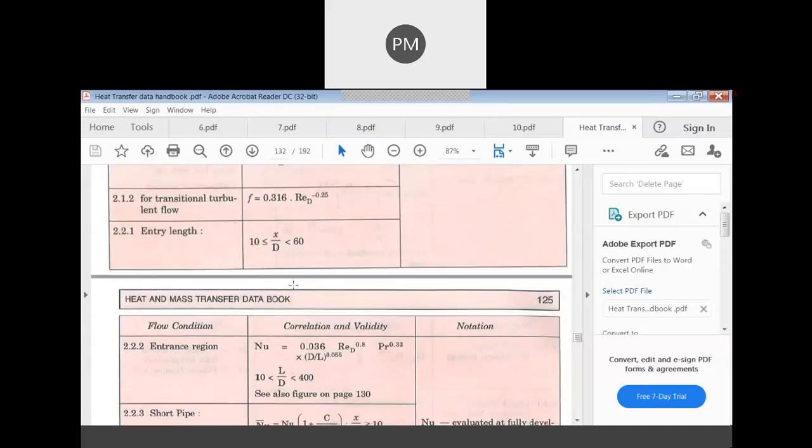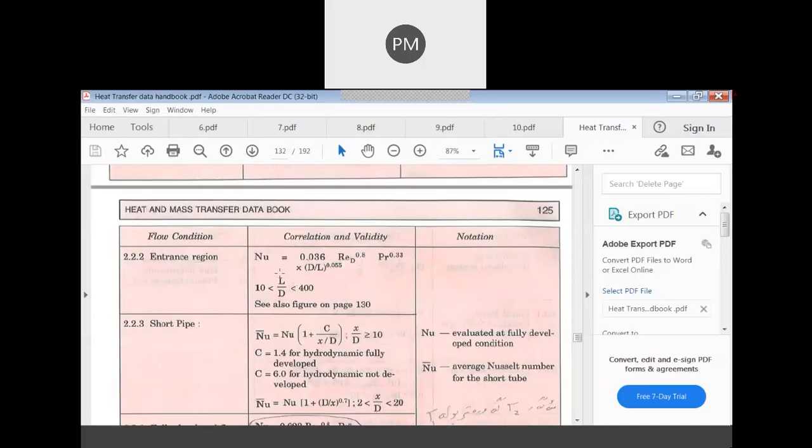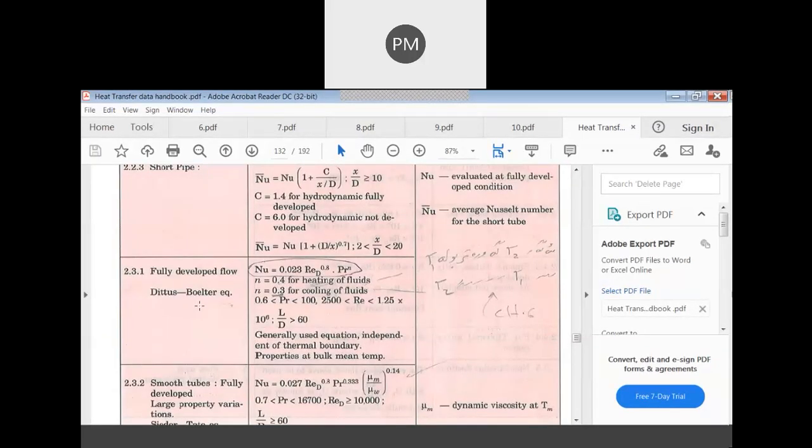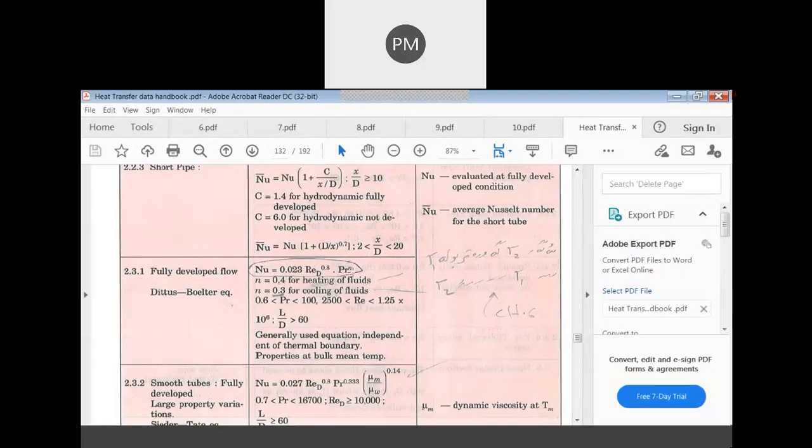Entry length, entrance Nusselt number, short pipes. This one is the Dittus-Boelter equation, which we mostly use for flow through tubes. The Nusselt number is given by 0.023 times Reynolds number to the power of 0.8 times Prandtl number to the power of n.